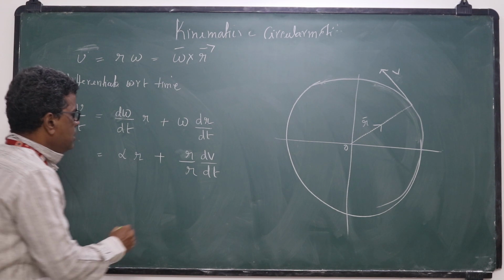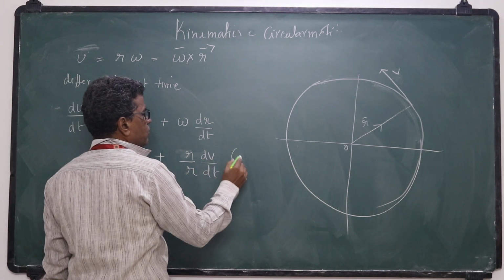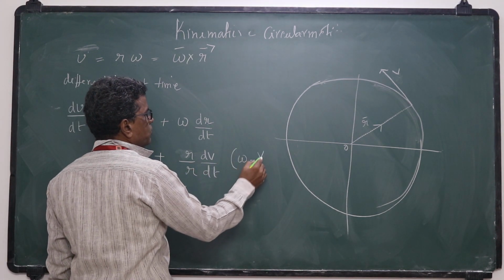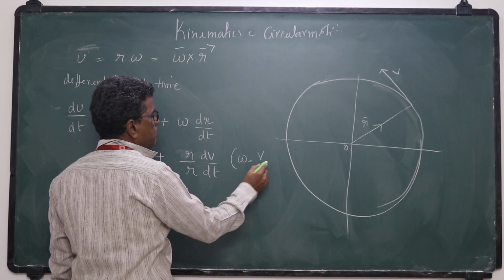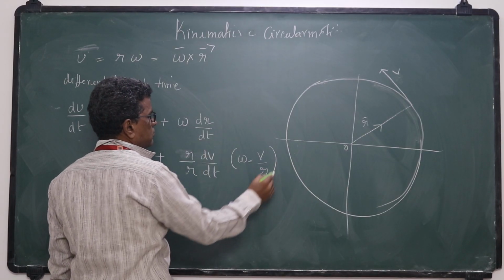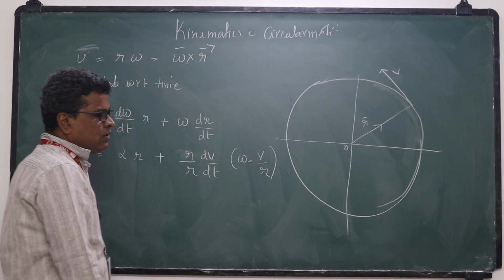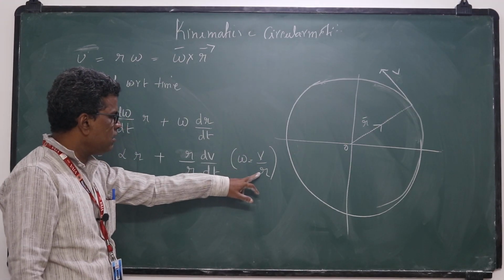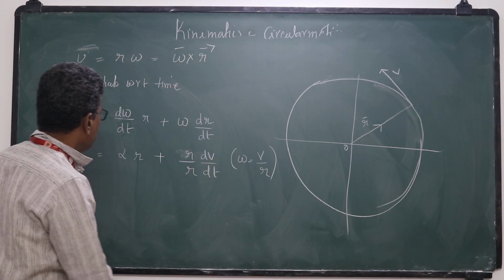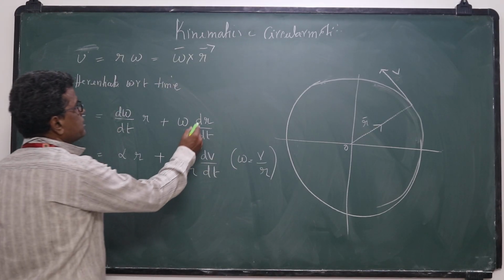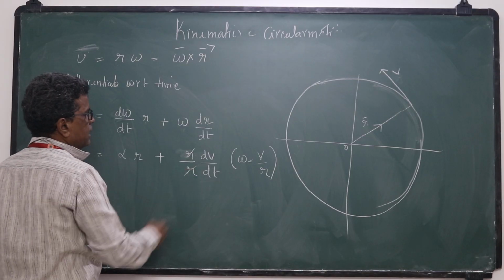Once again I am using omega is equal to V by R, as V is equal to omega R. This R and R get cancelled.